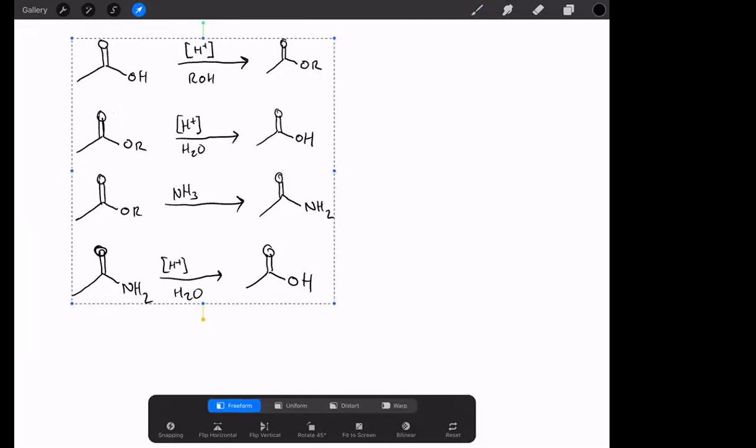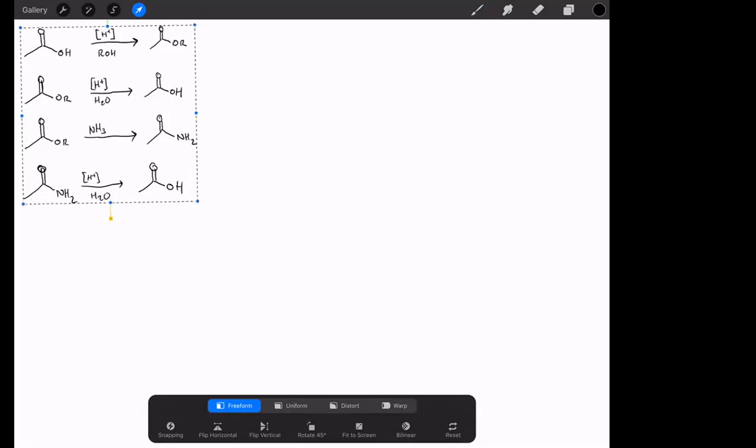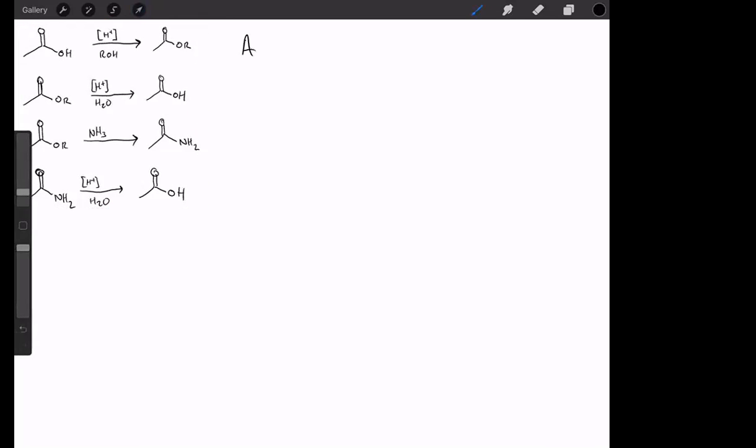Now, let's talk about acid halides, specifically acid chlorides. Acid chlorides are the most reactive. But in order to get something that's the most reactive functional group to maybe use in synthesis, we have to form it first. We have to make it.